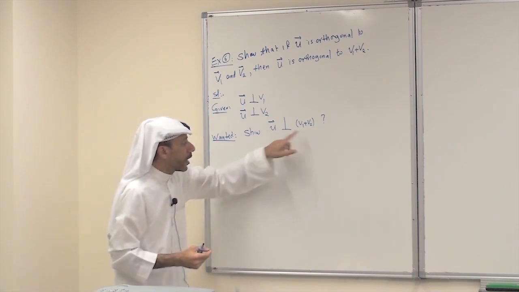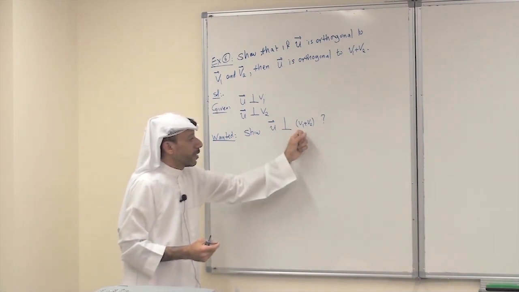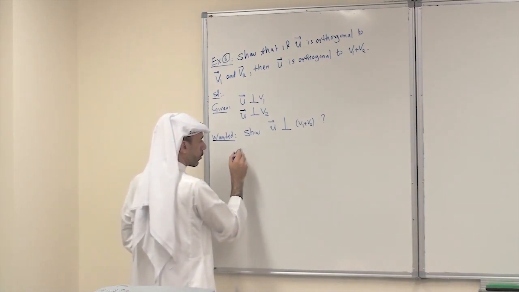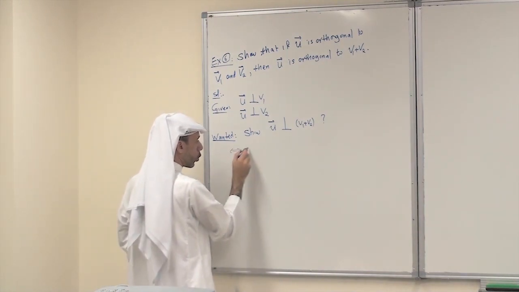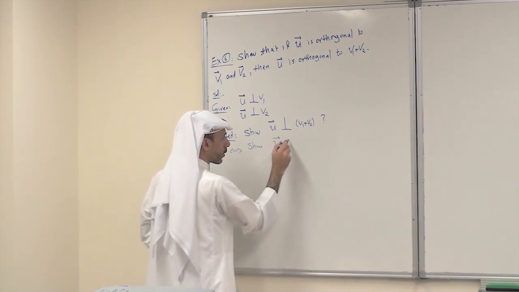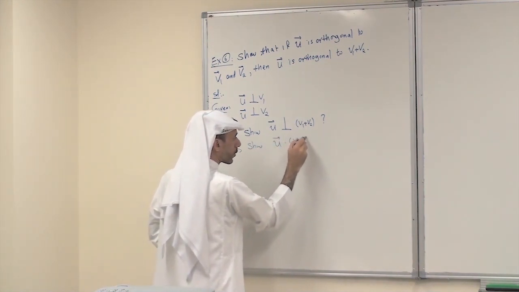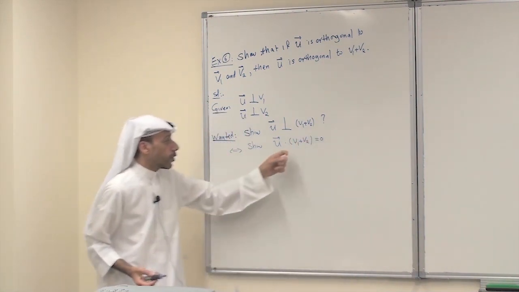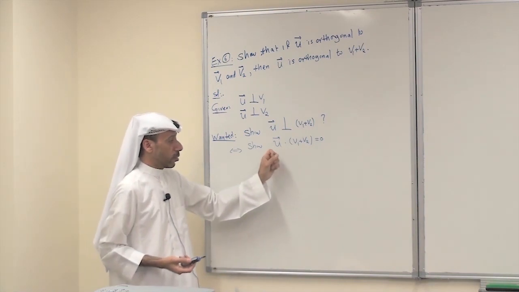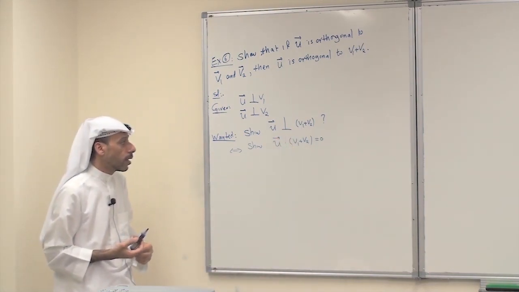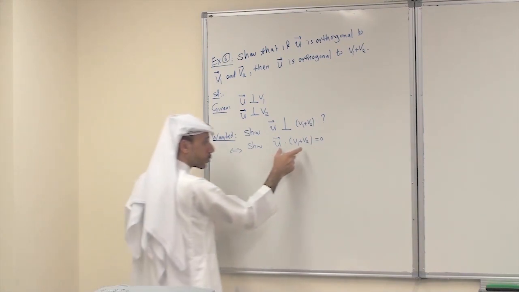So I have to show that U dot the sum equals 0, i.e., show U dot (V1 plus V2) equals 0. If we show this, then we'll conclude that the vector U is orthogonal to V1 plus V2. Well, how to show this? Just try to compute this one.